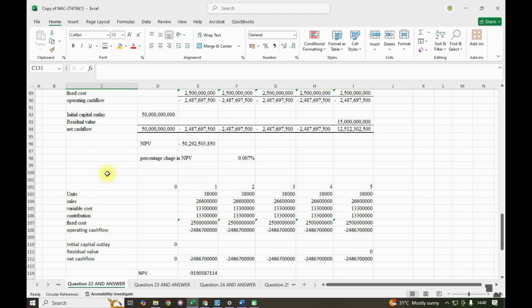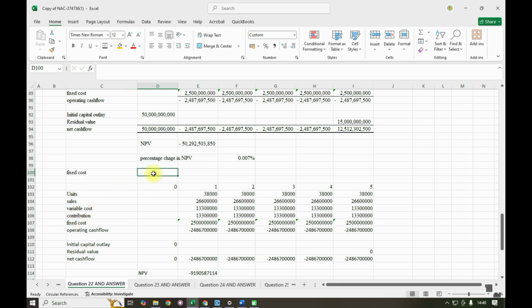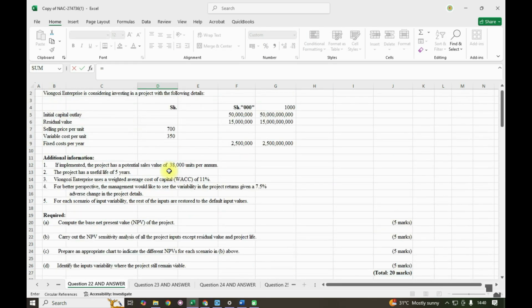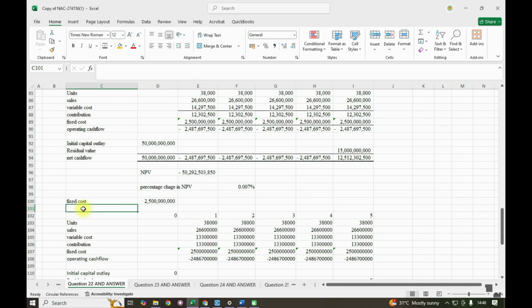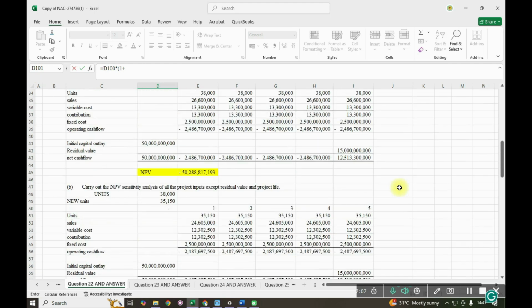So that in this case, what we are dealing with now is the fixed cost, and the fixed cost we had the initial 2.5, so it will increase in this case. The new fixed cost will be this, so multiplied by 1 plus our rate sensitivity.